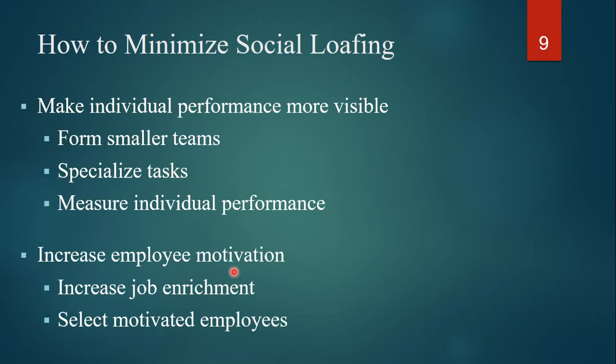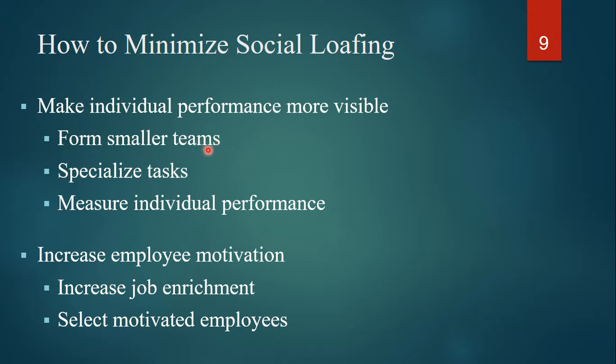How to minimize it? Social loafing can be minimized through a myriad of strategies. One of these strategies is to make individual performance more visible. We could form smaller teams, so it's about the size, because with big teams we tend to lose control.